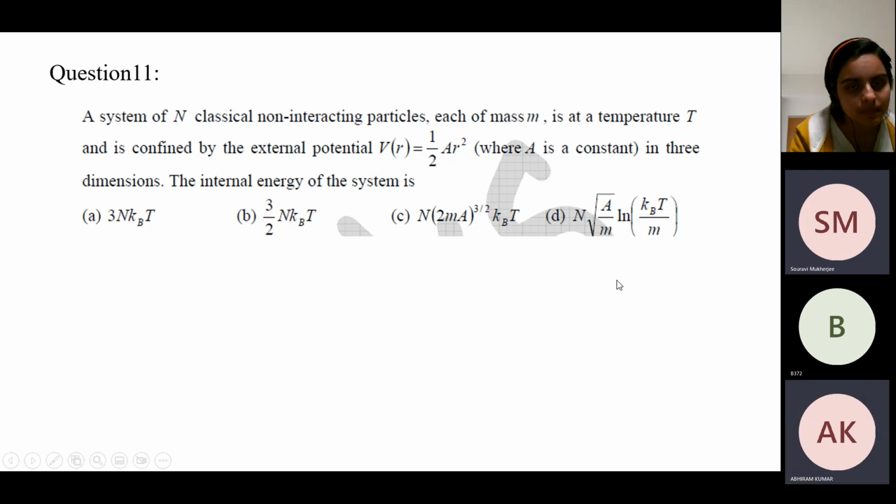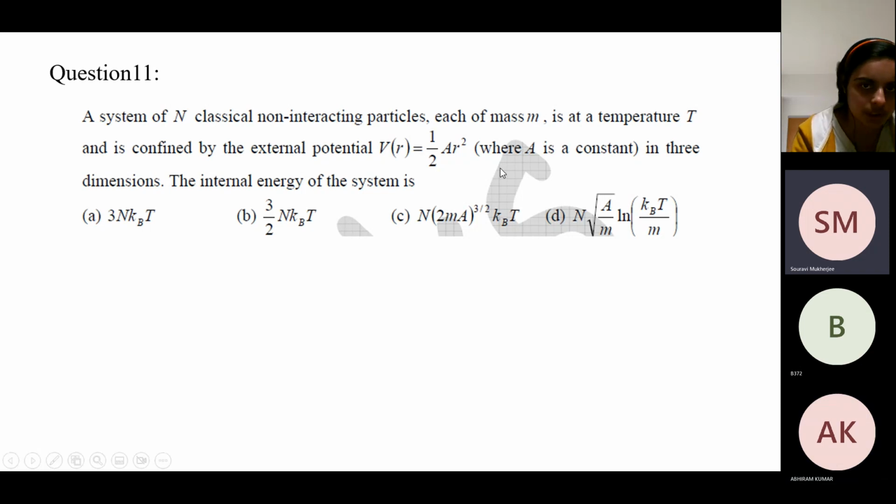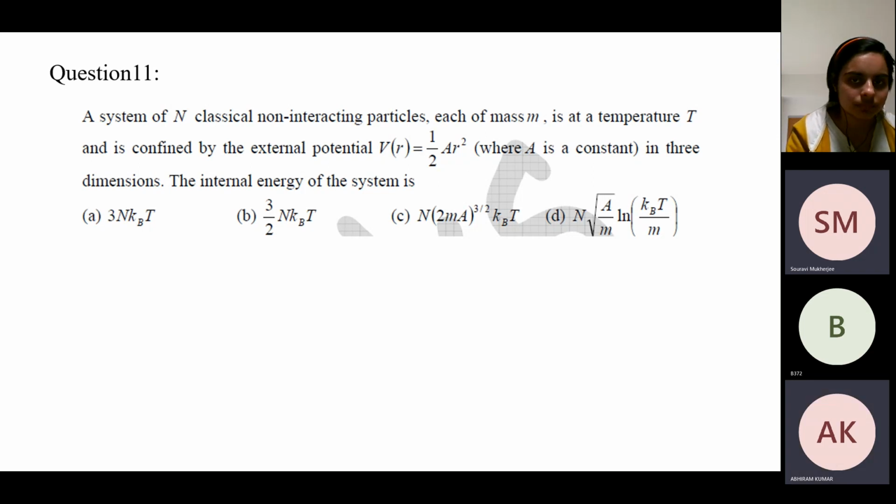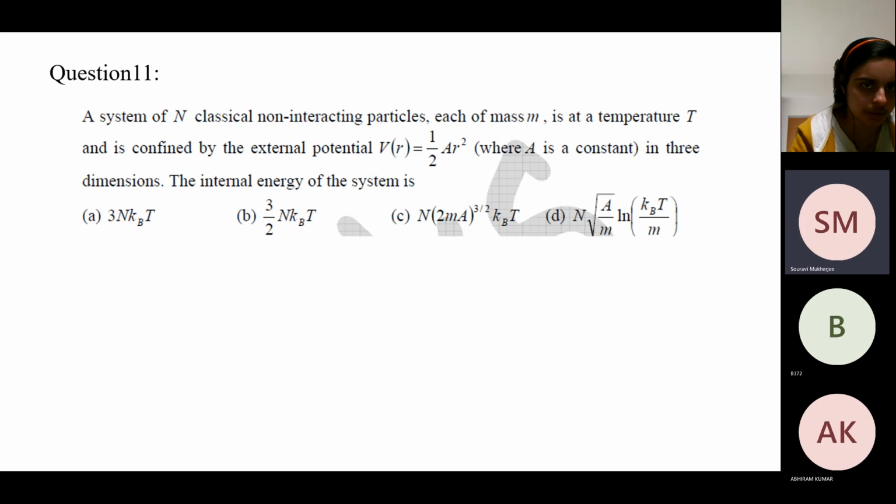It is like a harmonic oscillator problem. Exactly, it's actually the harmonic oscillator problem. So just look at the question. It talks about n classical non-interacting particles. That means their kinetic energy will be px square by 2m, py square by 2m, pz square by 2m.